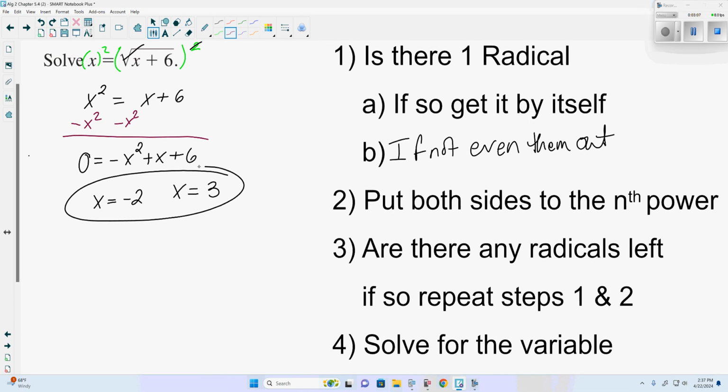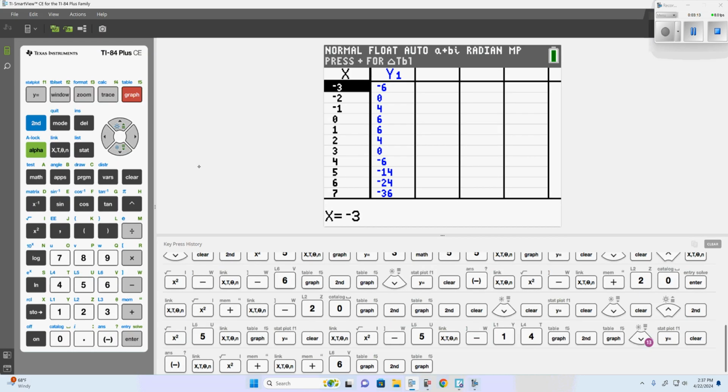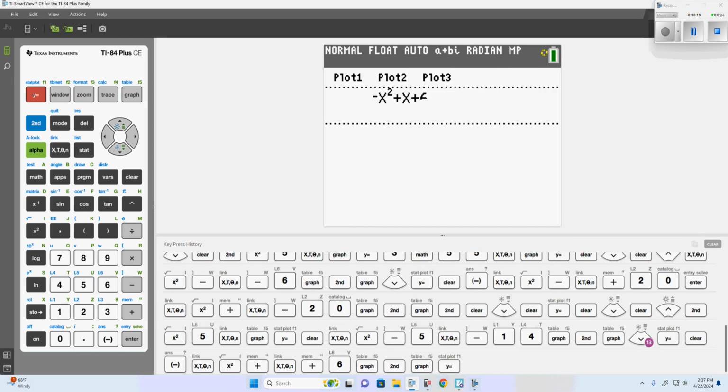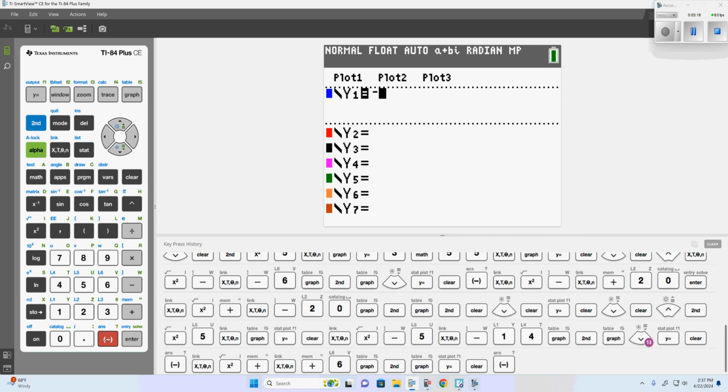Questions? Y equals negative x squared plus x plus 6.